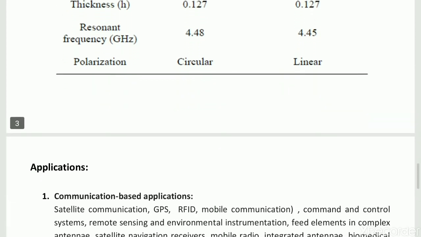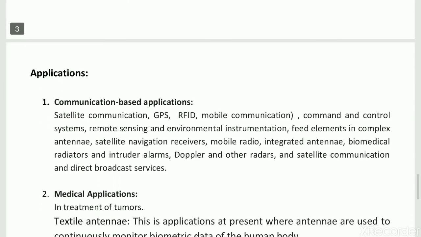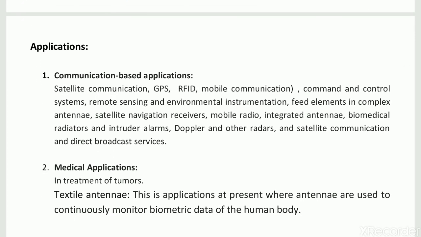The last topic is applications of the microstrip antenna. These are the general applications. The first are communication-based applications, that is satellite communication, GPS, RFID radio frequency modules, mobile communications, also command and control systems, remote sensing, environmental instrumentation, and feed elements in complex antennas.